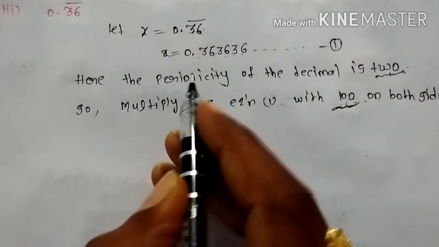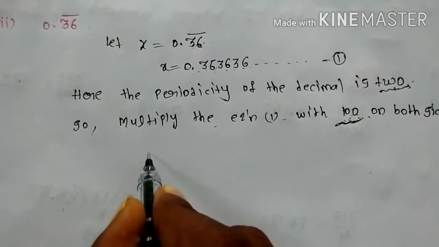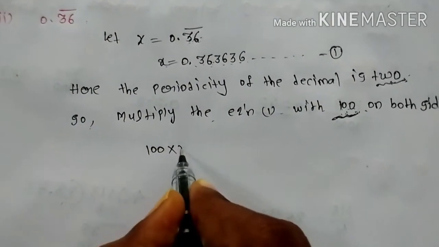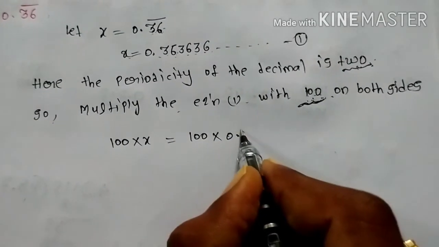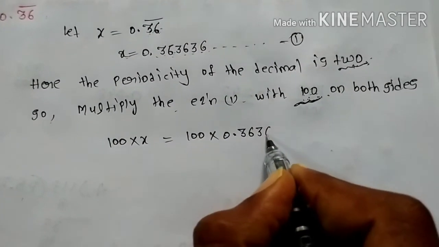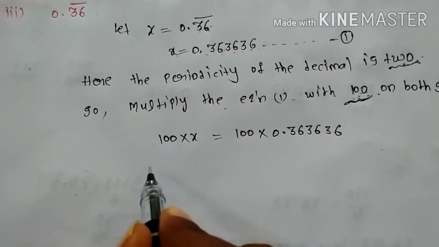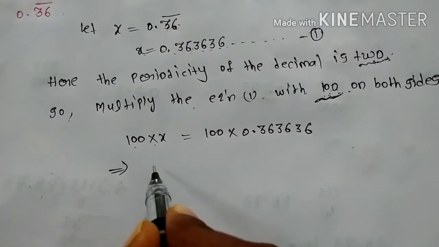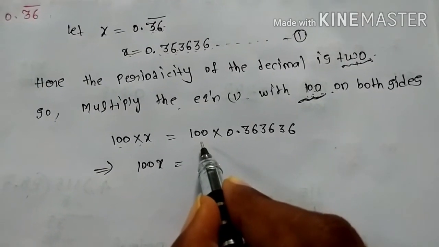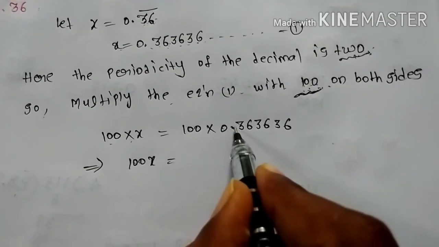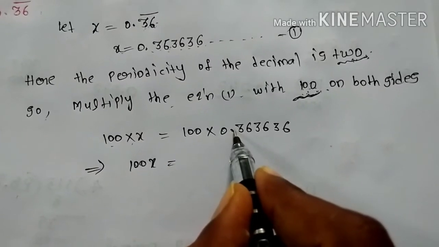See here, next I am writing 100 into x is equal to 100 into 0.363636. So I can directly write 100x. See here, if we are multiplying with 100, the decimal point will move to the right side.